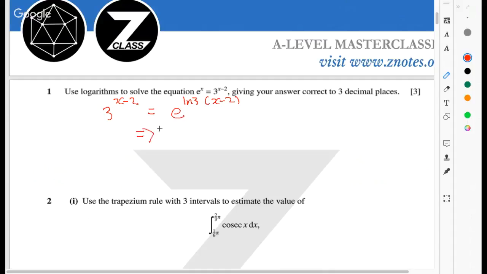We can deduce that x is equal to x minus 2 times ln 3, and then rearrange, you should get x is equal to 2 ln 3 over ln 3 minus 1, and then convert that into 3 decimal places. So anything you want to ask about this question?